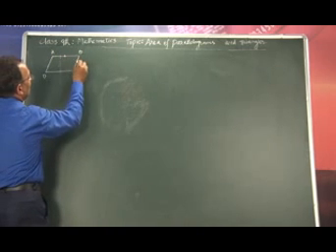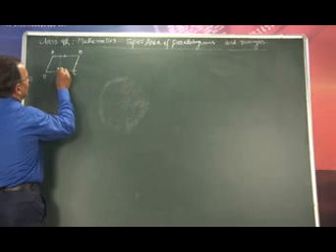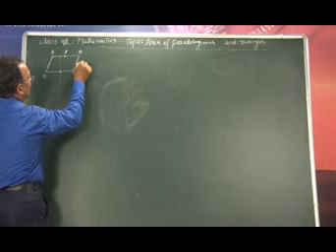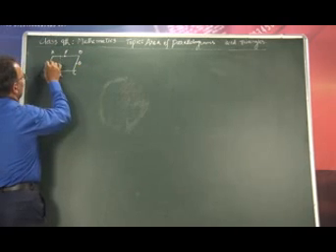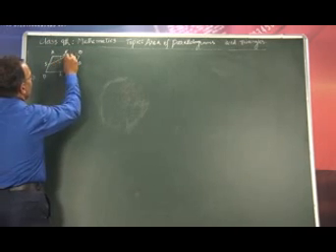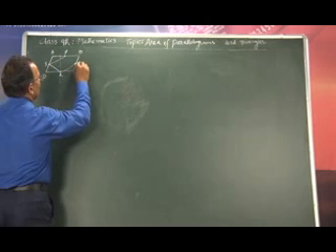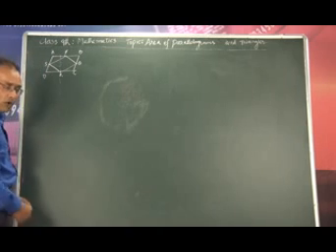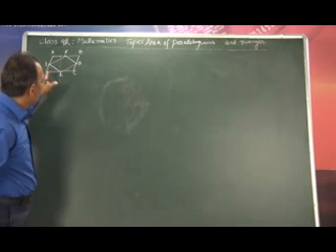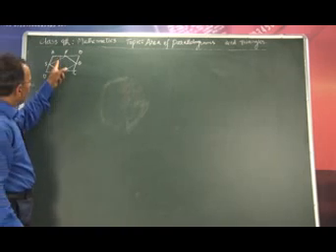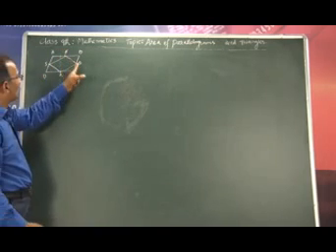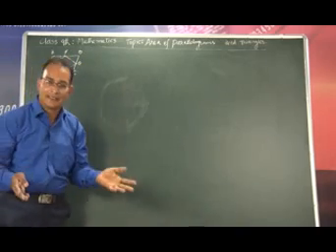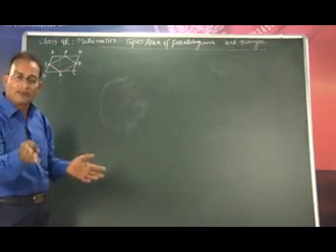Let us assume these are the midpoints of these sides, and we name these midpoints P, Q, R, S. Now, we join these midpoints like this, and PQRS is the quadrilateral which is formed here. So, we have to prove that the area of this quadrilateral PQRS is half of the area of the parallelogram ABCD. This is actually a problem which is given in your textbook.